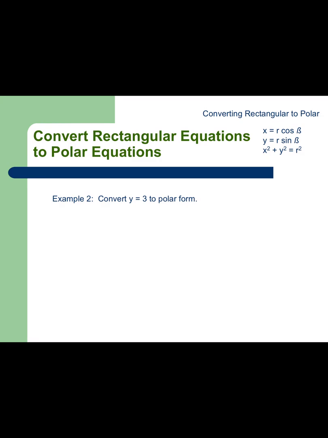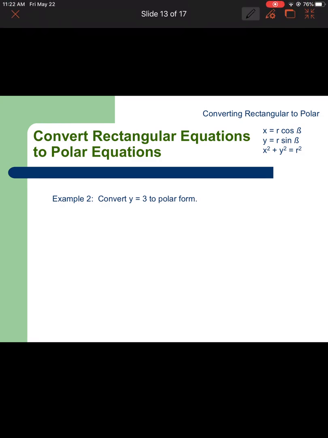So I'm going to look at my conversions and figure out which one do I want to use. Probably going to be the second equation because we have y equals 3, and that one says if you have a y, this is how you can change it into polar. Okay, so I'm going to use that, and this is how we're going to do it.